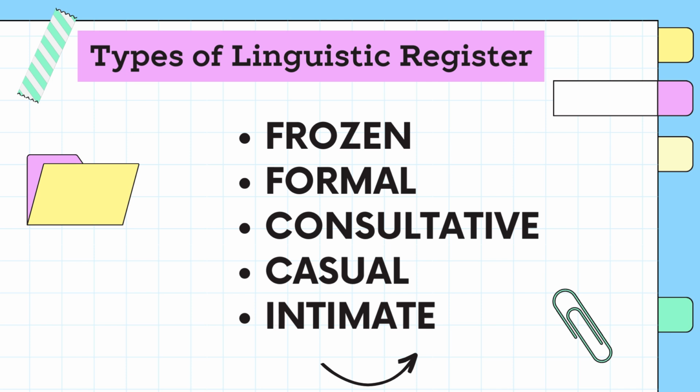It can be a couple, it can be best friends, or sometimes college friends, or lovers, a way of saying honey, sweetheart, darling, and so on. So those are common examples for the types of linguistic register.